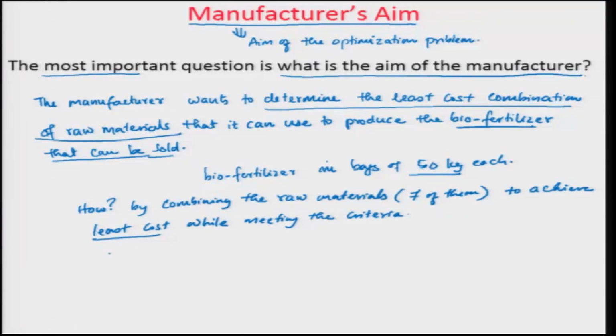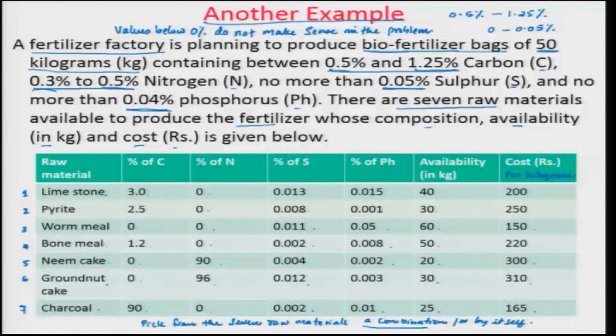Okay, you want to do the least cost while meeting the criteria. What are the criteria? The criteria is already mentioned here. These are the criteria: the carbon and nitrogen and sulfur and phosphorus.